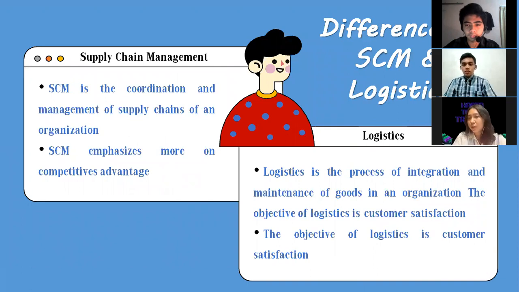So next one is the difference between SCM or supply chain management and logistics. First, supply chain management. SCM is the coordination and management of supply chains of an organization. SCM emphasizes more on competitive advantage.